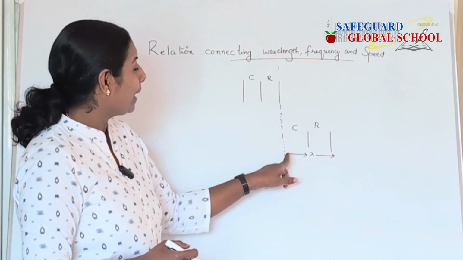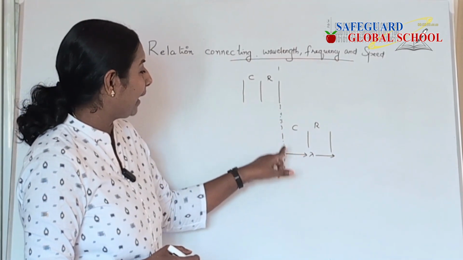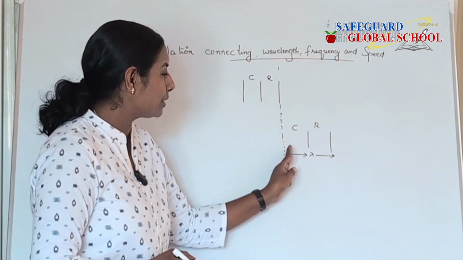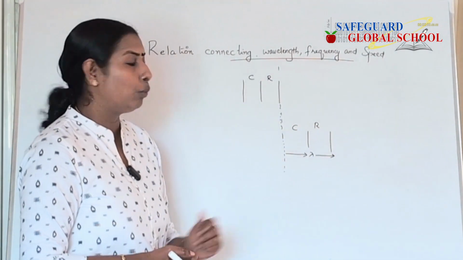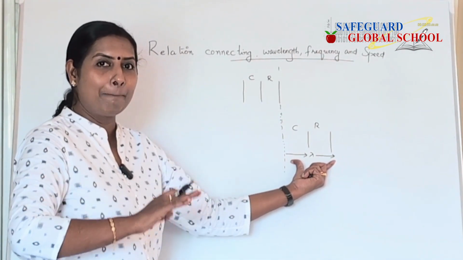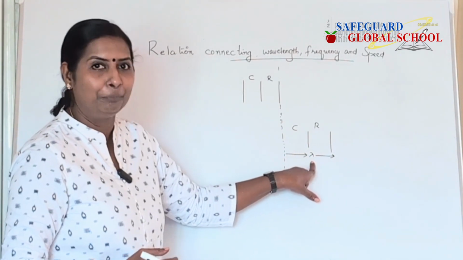What is the distance that this compression and rarefaction travel when they completely cross this reference line? We know that one compression and one rarefaction constitute wavelength lambda.